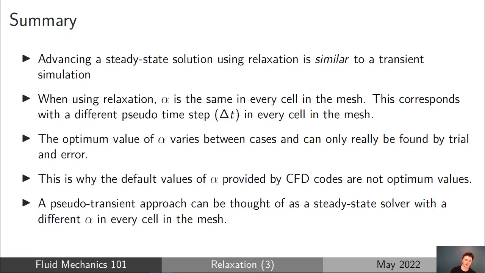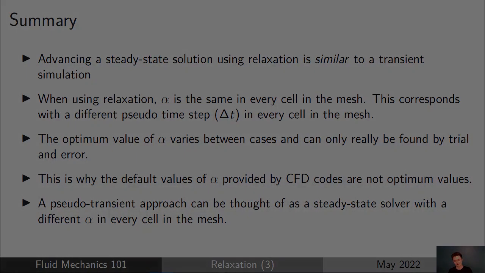And the final point there is that when you use a pseudo-transient approach, so if you ever notice this setting in your CFD code, if you click the option for pseudo-transient for a steady state, this is still a steady state solver and a steady state solution process, but in effect what we're doing is advancing that solution through time with a different relaxation factor in all of the cells in the mesh.